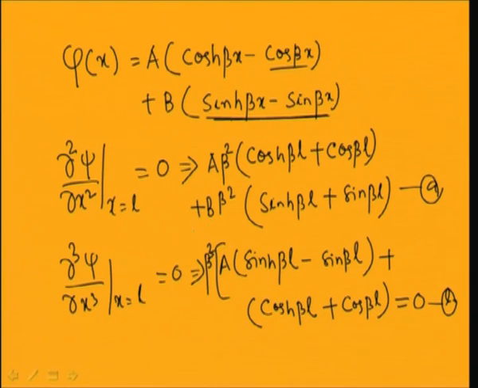A by B in this case is sin hyperbolic beta L plus sin beta L by cos hyperbolic beta L plus cos beta L, and in this case it becomes cos hyperbolic beta L plus cos beta L by sin hyperbolic beta L minus sin beta L.